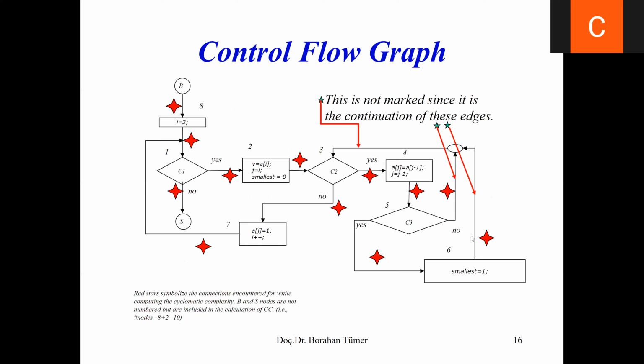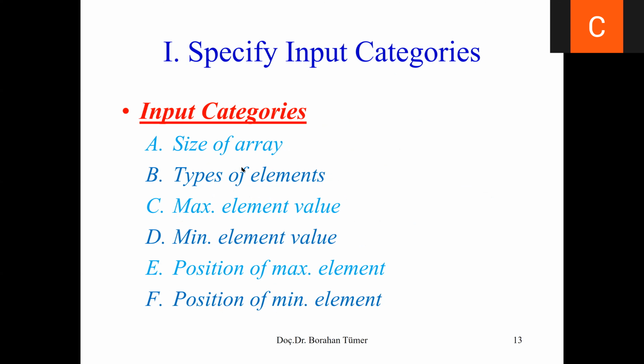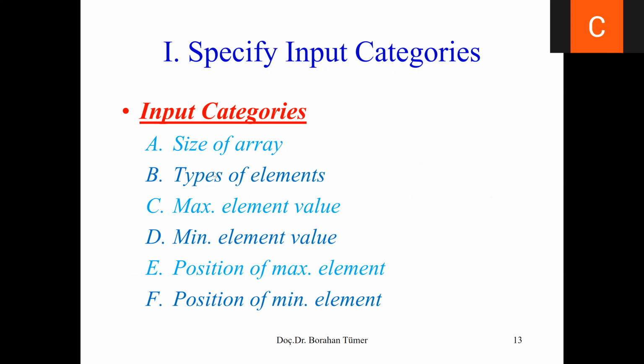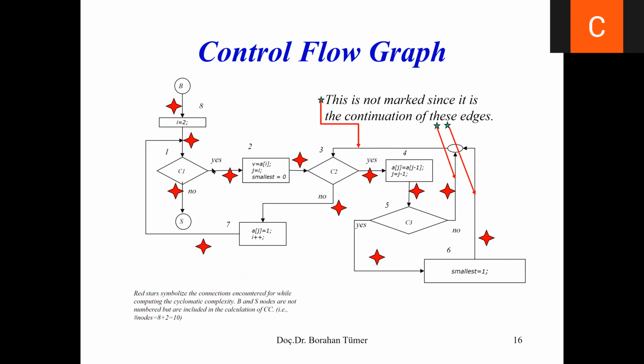Starting with I equal 2 in the for loop, that makes 8 statements. So including this, we have 8 statements, and including the begin and end nodes, we have 10 nodes in the graph.